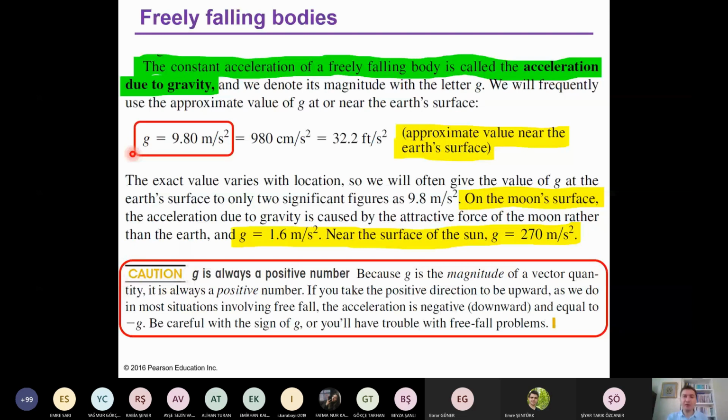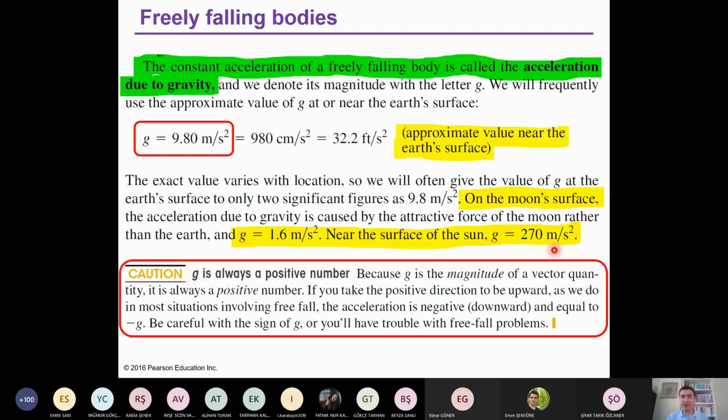So g is given by 9.8, an approximate value near the Earth's surface. This is important. On the Moon's surface, g is equal to 1.6 meters per square second, much smaller than g on the Earth's surface. And near the surface of the Sun, g is much higher than on the Earth, equal to 270 meters per square second. So these are the g values for the Moon, the Sun, and the Earth.